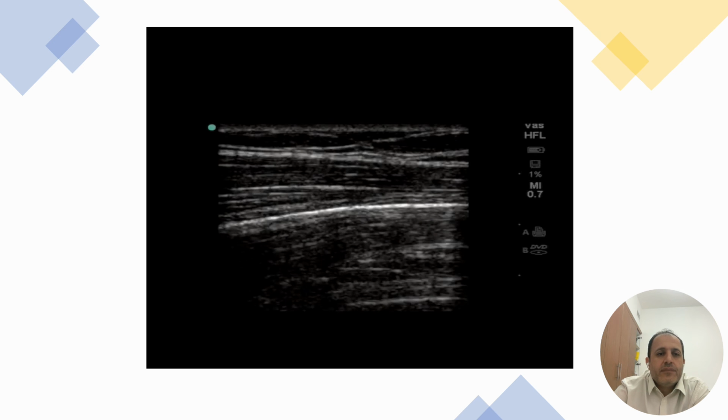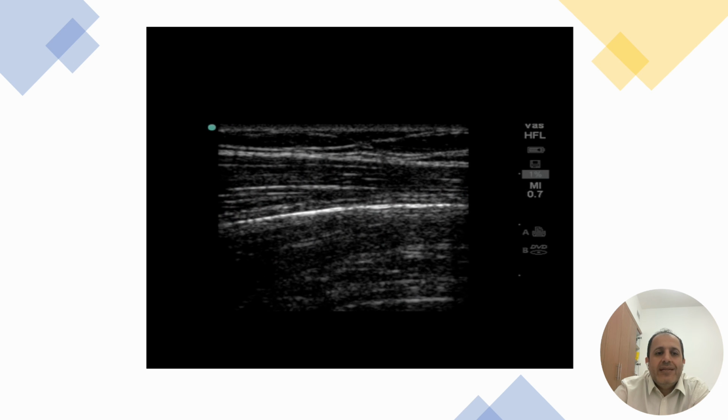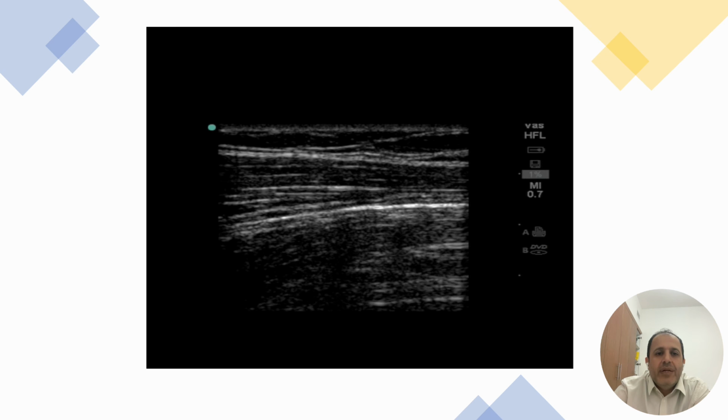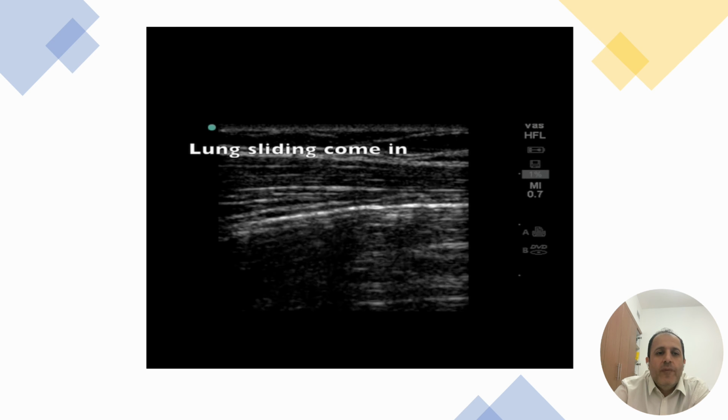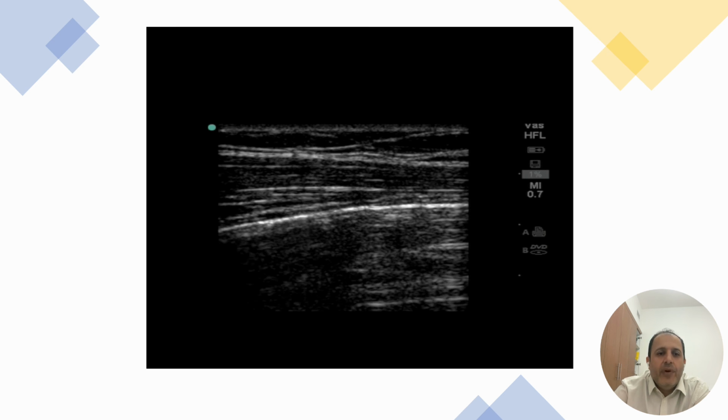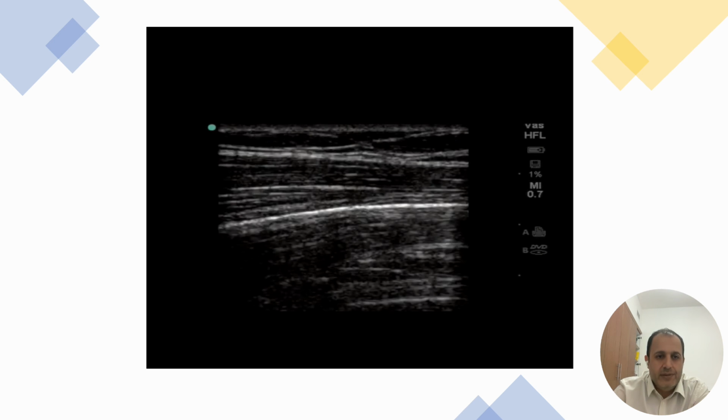Here, what you see, there is some sliding here, but here still there is no movement. So it is the lung point. It is very, very specific for pneumothorax. So if you detect lung sliding in some part and another part of the pleura in the same intercostal space, it means the lesion is there and it is pneumothorax.